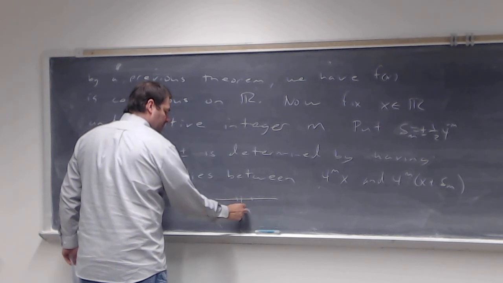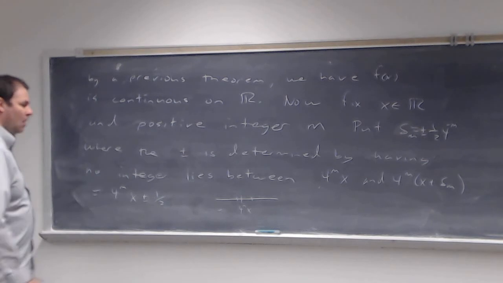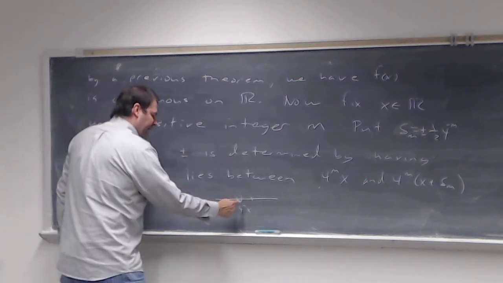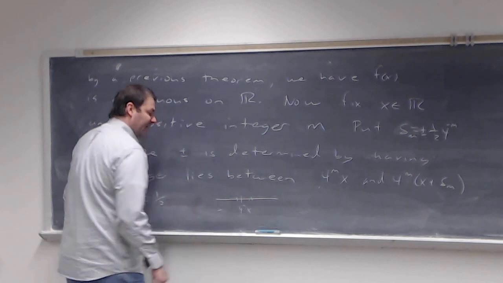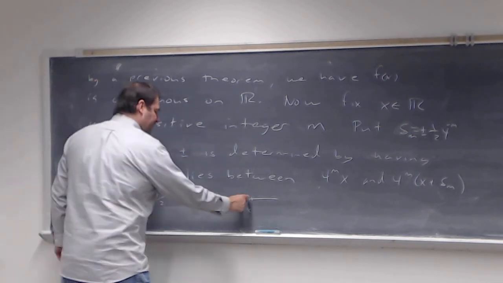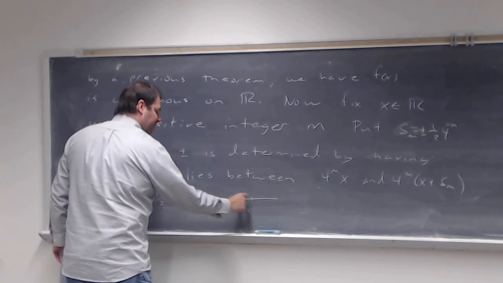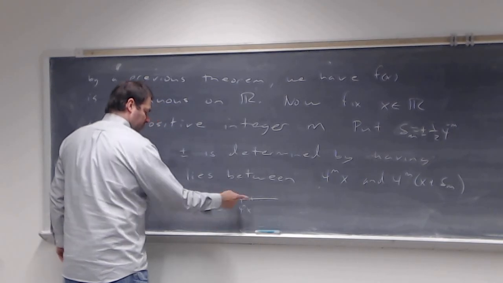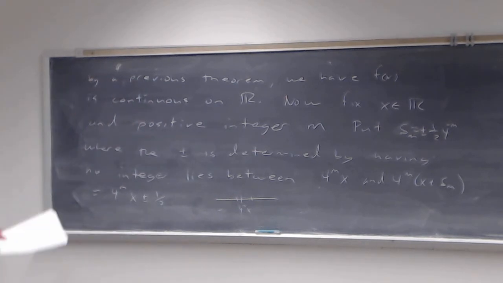And so we'll take the plus version of delta sub m. If it happened to be the case that the 4^m x was over here close to this integer, we take the minus. But regardless, we're going to be able to get a region about 4^m x if we go half a unit from one direction or the other that won't contain an integer. That's going to be important from the graph later, some aspect that we'll be working with.